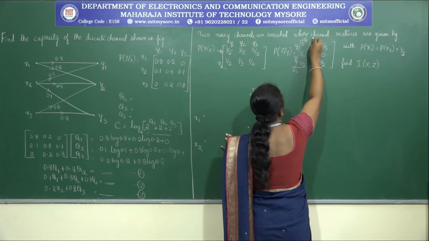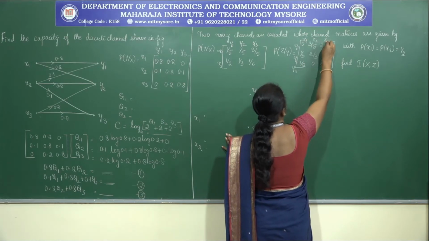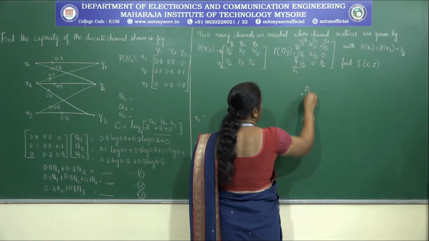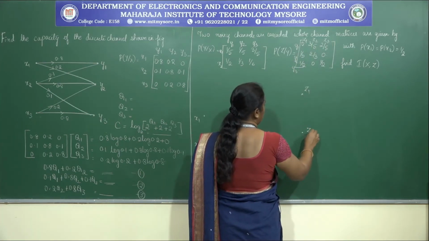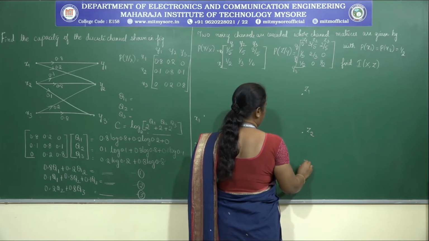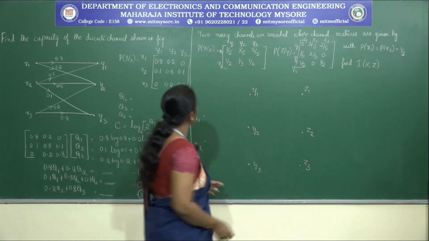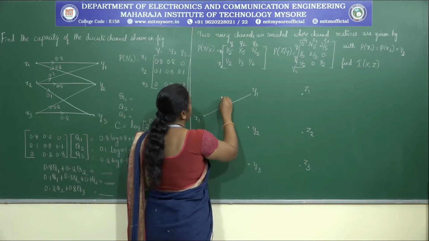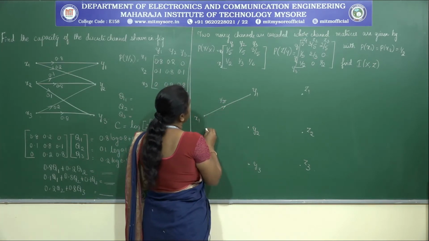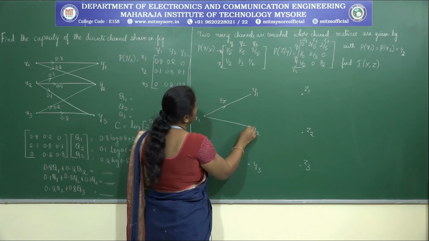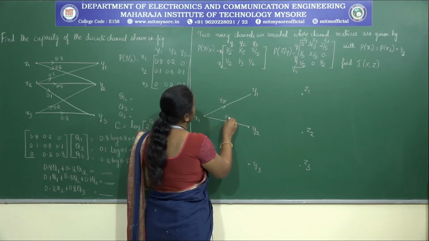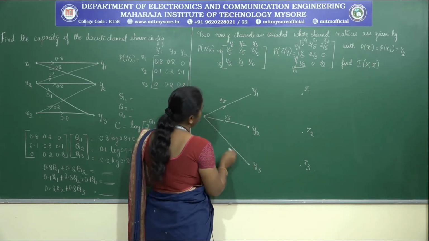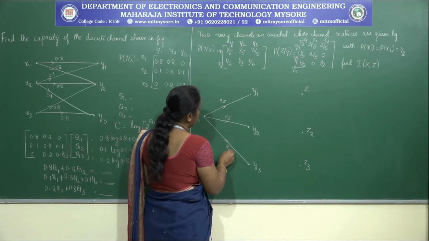So this is your z1, z2 and z3. Let us consider this as z1, z2 and z3. From x1 to y1 we have a connection, it is 1 by 5. Then y2, it is 1 by 5. Then y3 by x1, we have 3 by 5.